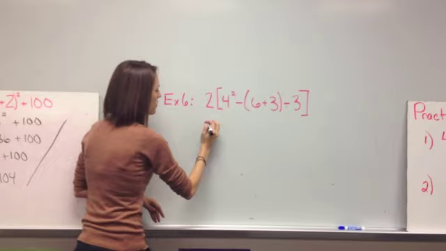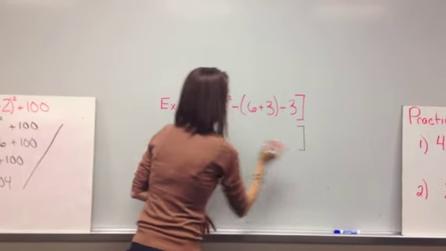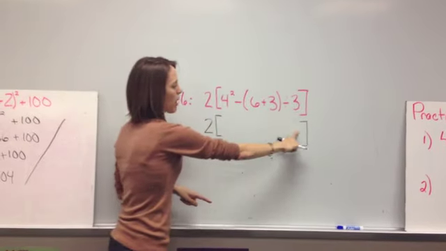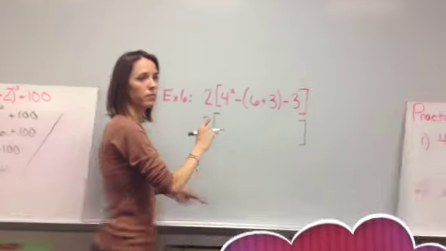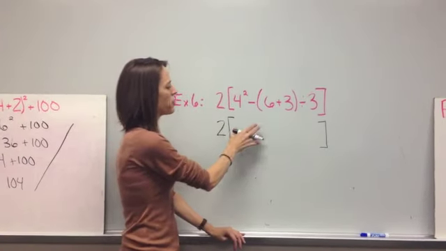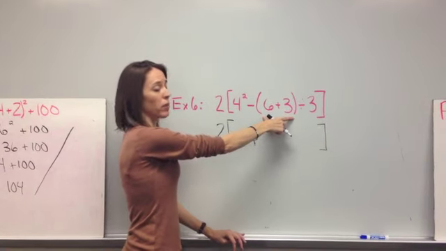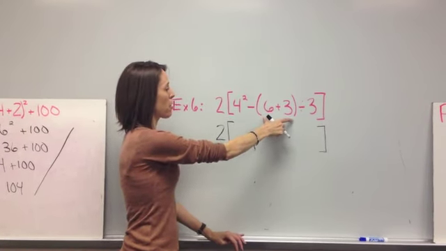So we know we're going to leave the 2 the way it is. Okay, so now we're going to look inside the brackets here. So now you've put your 2 outside, and you're just going to concentrate inside the brackets. Now inside the bracket, you have a parentheses. So now you're going to do this part first.